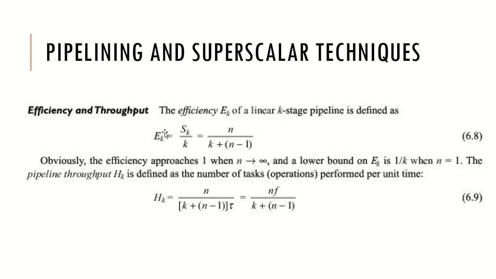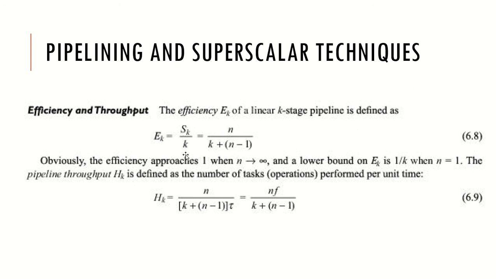Moving further, this is the equation for efficiency. The efficiency of a pipeline is equal to the speedup achieved divided by the number of stages. The speedup achieved is Sk, which is equal to n into T divided by K plus n minus 1. So n into K divided by K plus n minus 1.